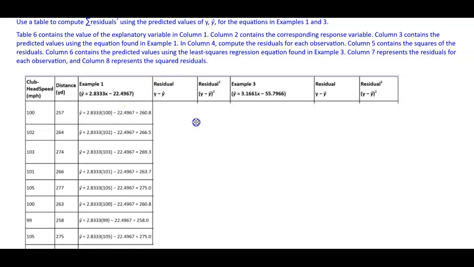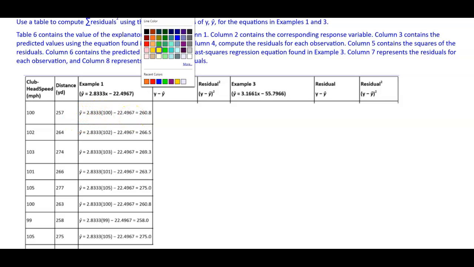So this is our equation that we have in example 1. It's y hat equals 2.8333x minus 22.4967. This is the equation that we got from example 1. And what we're going to do is figure out the predicted values using the values of x for each particular one.